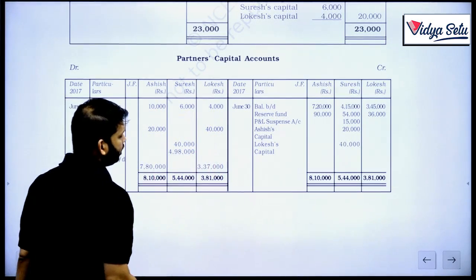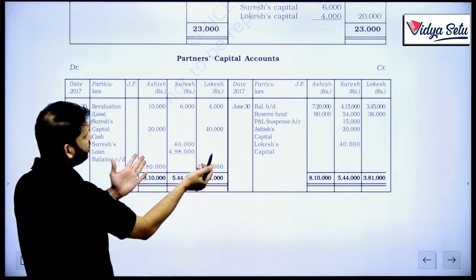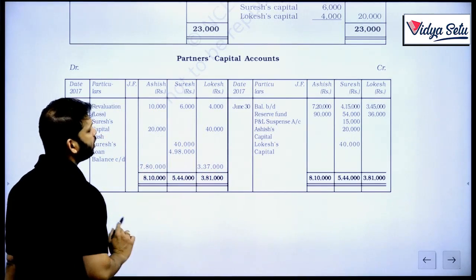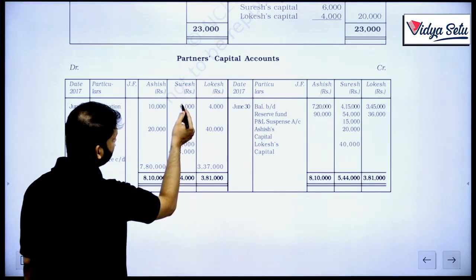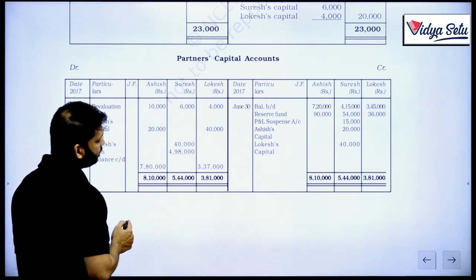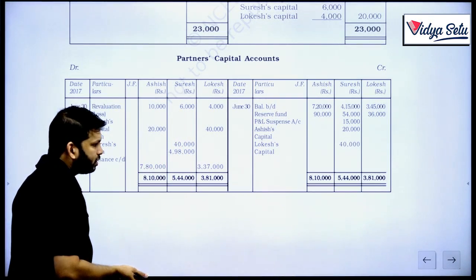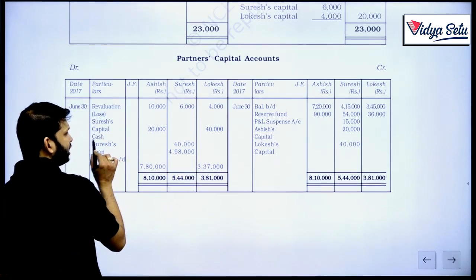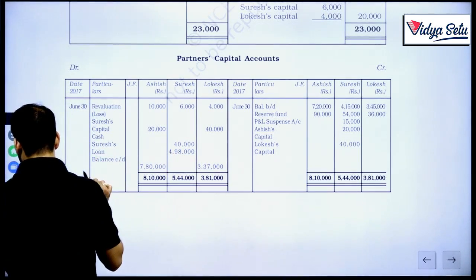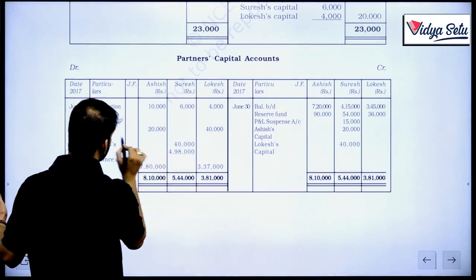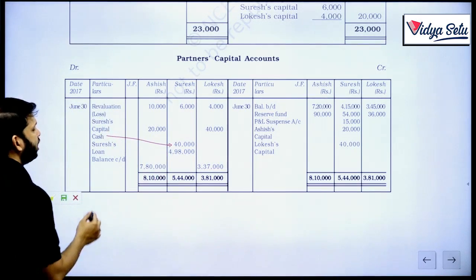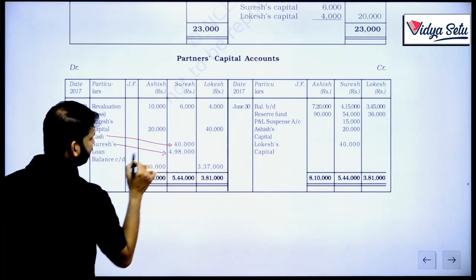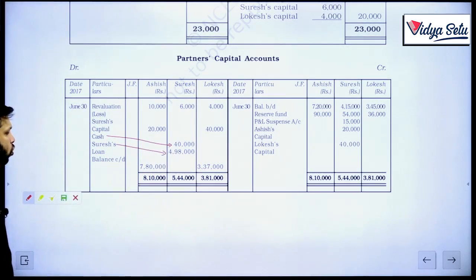Now, what we'll do, we'll just adjust Ashish and Lokesh. But when it comes to Suresh, we understood that we need to give him 544 minus 6, 4,38,000. Now we don't have 4,38,000, so to cash immediately 40,000. The rest of the money is transferred to Suresh's loan account.